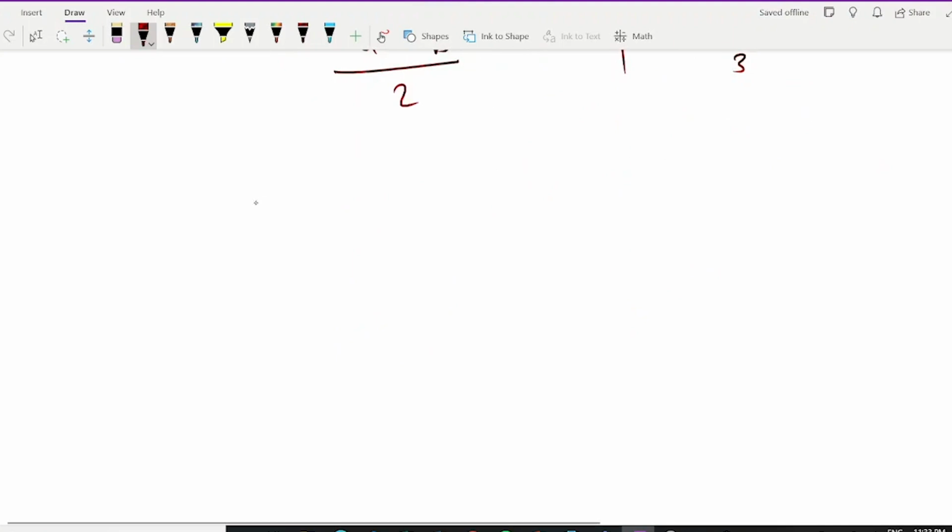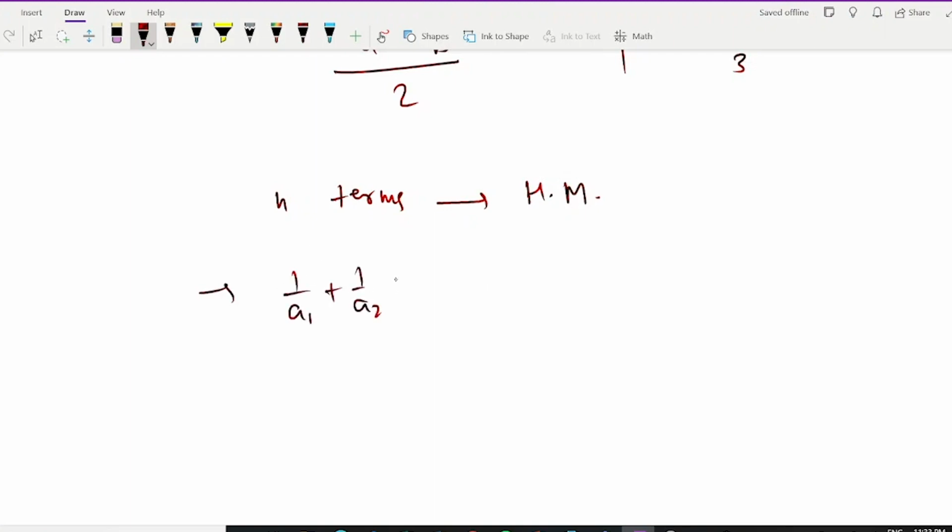Generalizing these concepts, if you are given n terms and you have to calculate the harmonic mean of those n terms, take the reciprocals, 1 by a1 plus 1 by a2 plus 1 by a3 plus dot dot dot plus 1 by an, and divide by n.